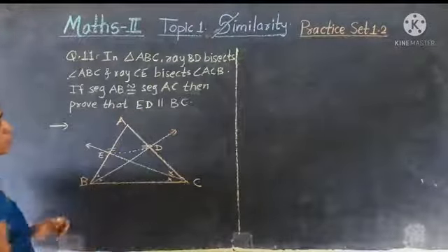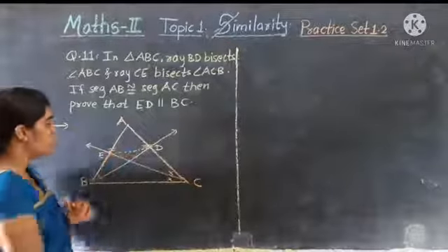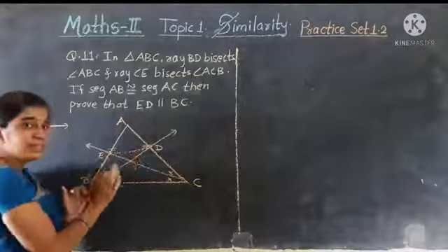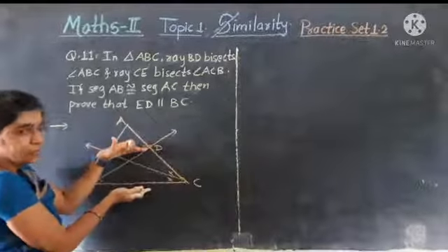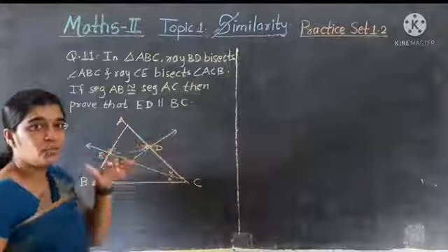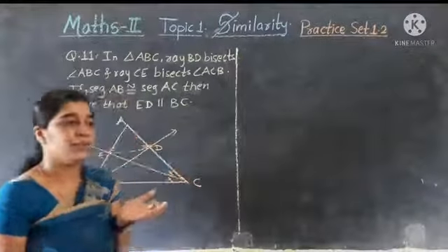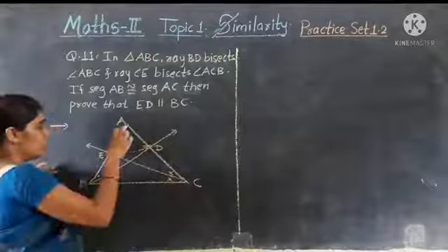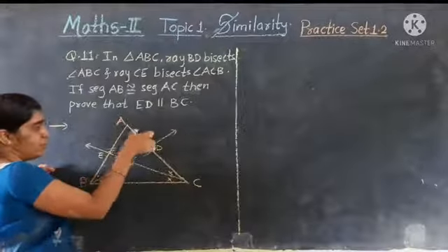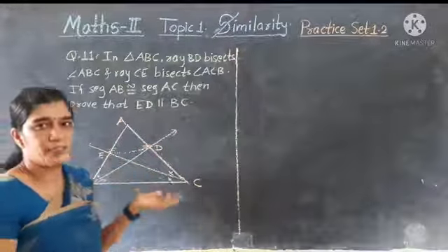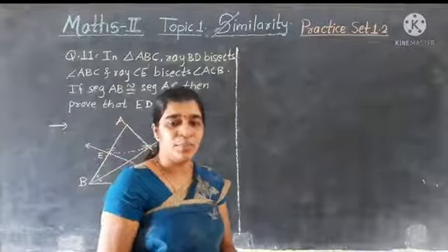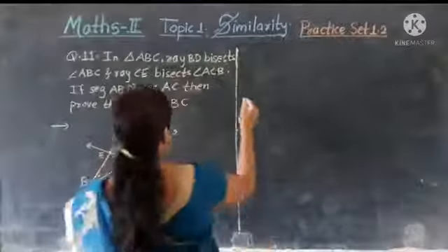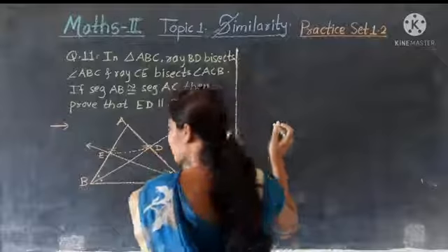We have to prove ED is parallel to BC. For proving parallel, we use the converse of the BPT theorem. That is, if we prove AE upon EB is equal to AD upon DC, then we can easily prove this theorem. So let's start.